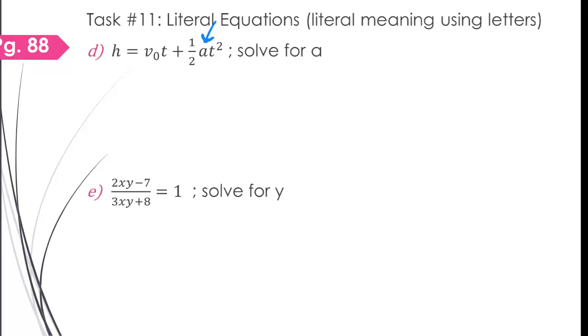If I want to get A by itself, and I've got some term plus this A term, what do you think you might do first? Any ideas? We want to keep the A where it's at. We don't want to move the A. What might I want to get rid of?